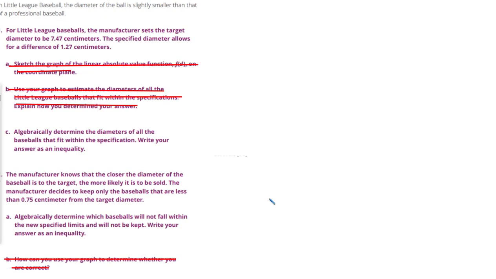We're going to do the same idea, but with Little League baseballs, and we're going to talk about the diameter. The diameter of the ball has to be 7.47 centimeters, and the diameter can have a difference of up to 1.27 centimeters. So let's look at our inequality, our equation.